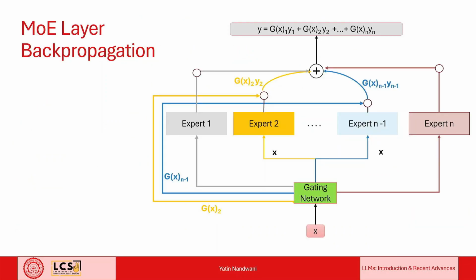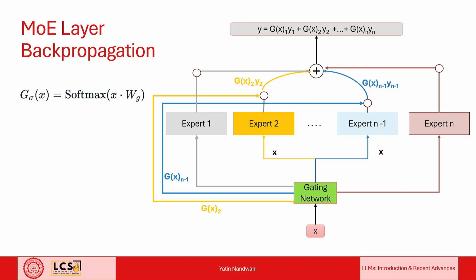Now let's quickly see how backpropagation works in mixture of experts. For that, for a moment, let's go back to the dense model, where all the experts are active. This gating network will give us the probability distribution for each token.